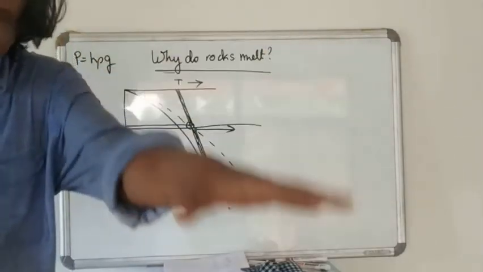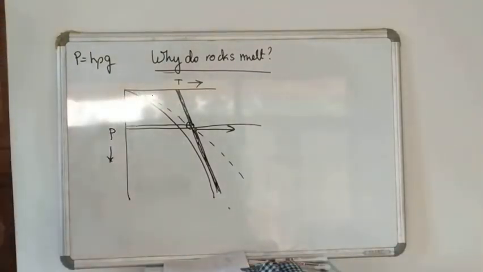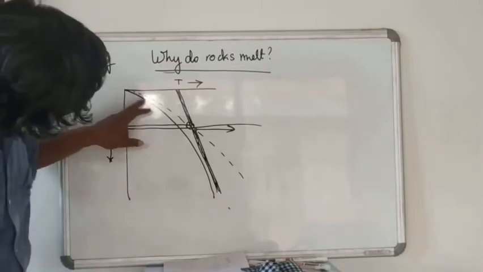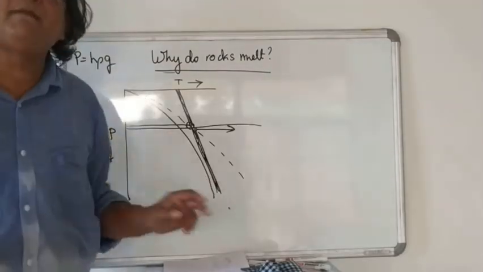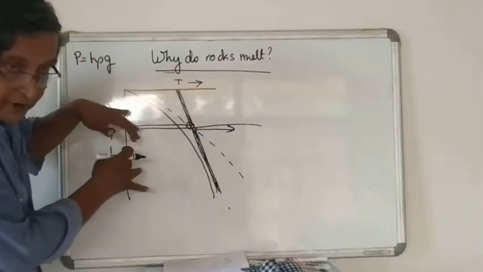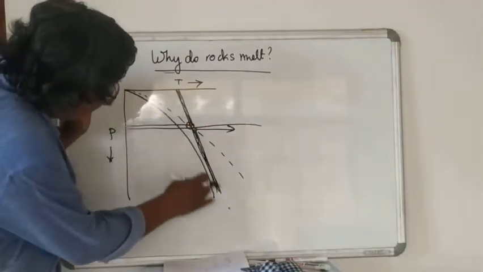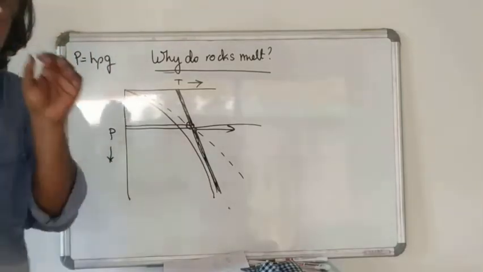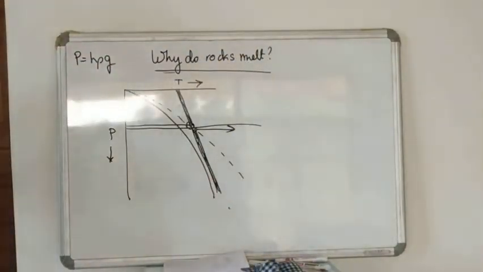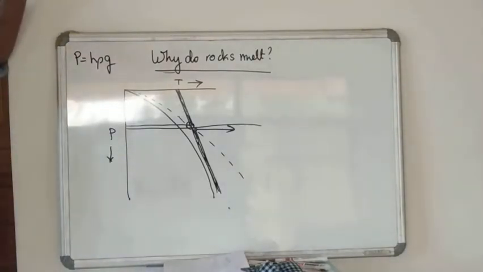So the rock melts. If you take the solid continuous geotherm, you can see the geotherm does not intersect the melting curve and lies to the low temperature side. If this is the geotherm, there will be no melting in the rock at all. I hope you get it.